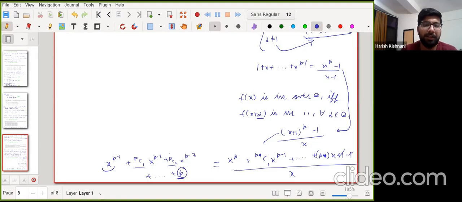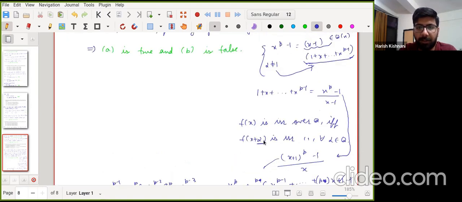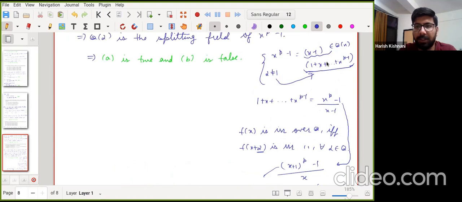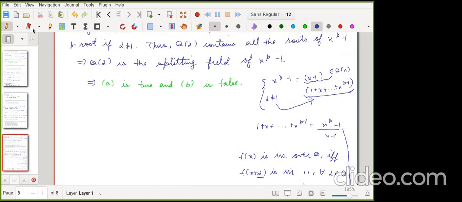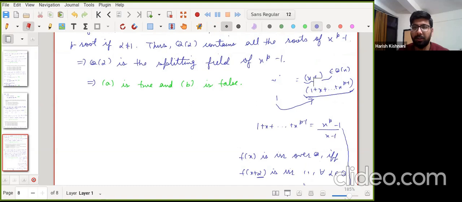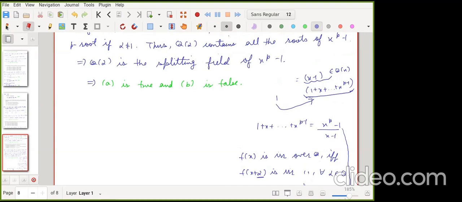So this will satisfy Eisenstein criteria, that this polynomial is irreducible, and so f(x + 1) is irreducible, which will imply f(x) is irreducible, and f(x) was 1 plus x plus dot dot dot plus x^(p-1). Okay, that's why the degree is p minus 1. Clear? Okay, so that's a very important fact. That's why I just repeated it. I will erase it later, no problem.